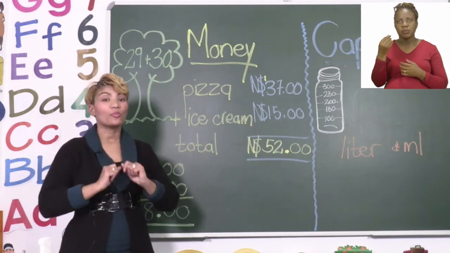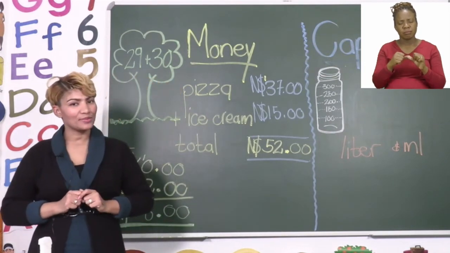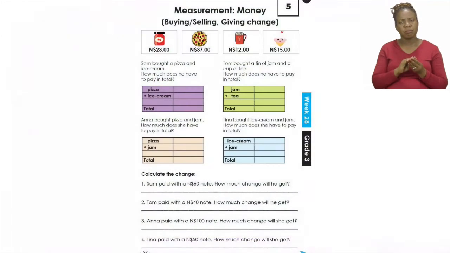Right. Now before you continue adding up all your other items, let's quickly have a look at the next part of our activity. Now there they say you have to calculate the change. Now remember everyone, you need to finish adding up all the items first before you can calculate the amount of change.